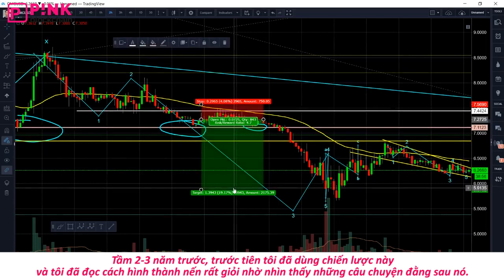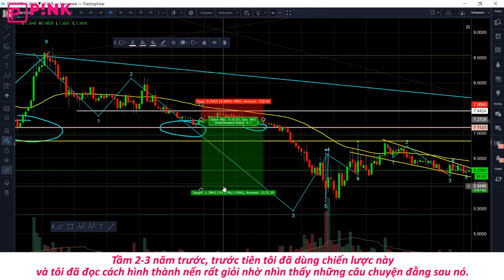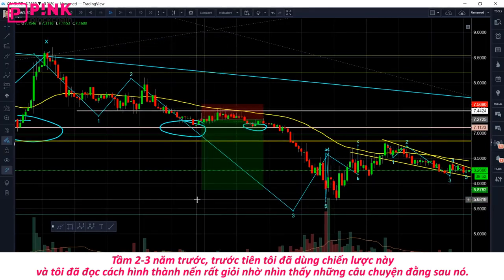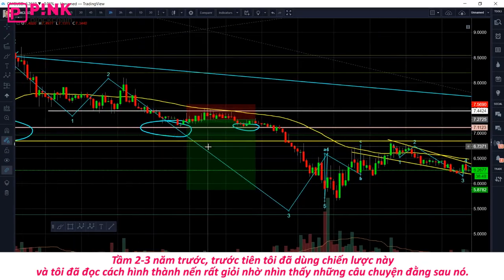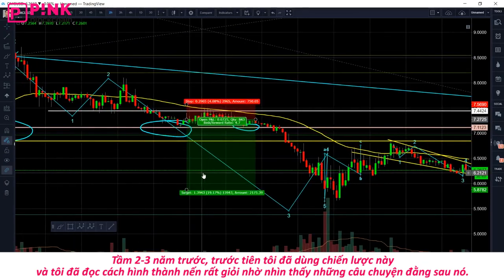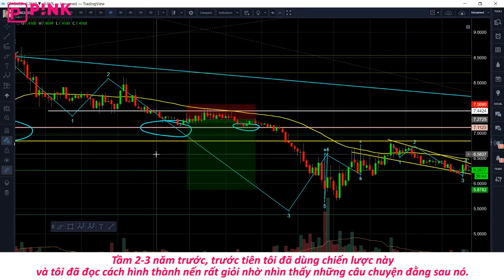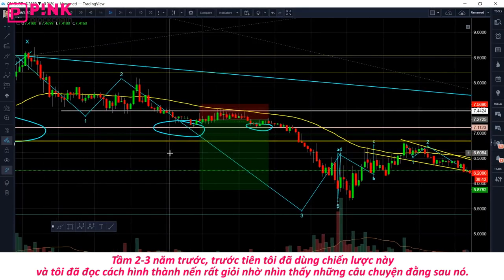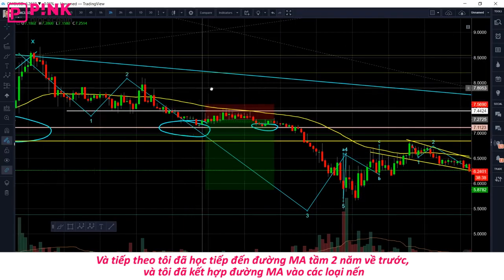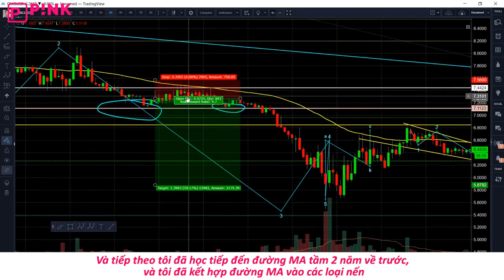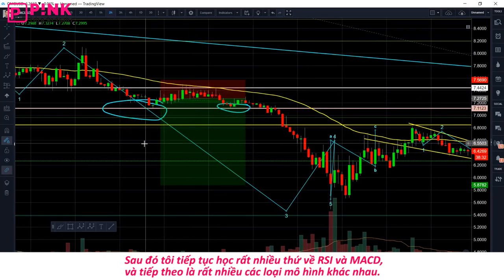And this is one strategy that I started using first, when I was at a more beginner level, like two or three years ago. And I got to be really good, super good, just by reading candles because they tell a story, right? And then after that, I started to learn about moving averages about two years ago, and I incorporated moving averages into my candlestick patterns. Then I started to learn a lot about RSI and a lot about MACD, right?